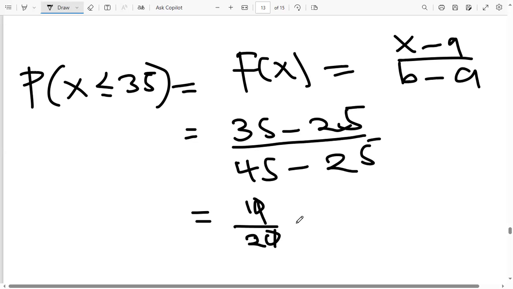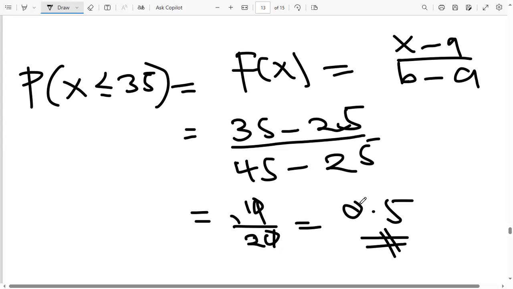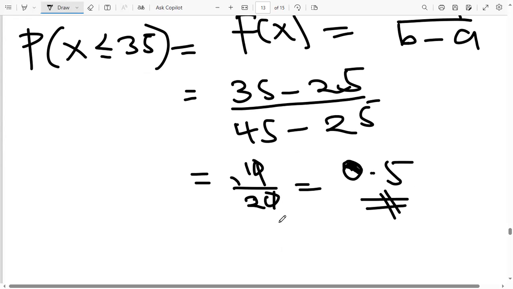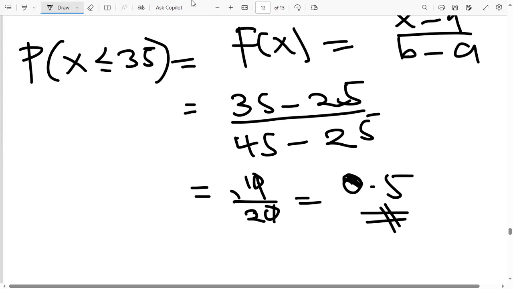So we cancel the 0, cancel the 0. This will just be the probability of 0.5. So this here will be the probability of it being less than or equal to 35.